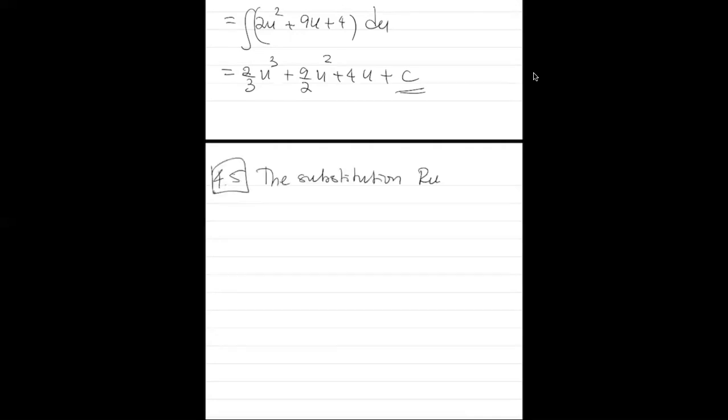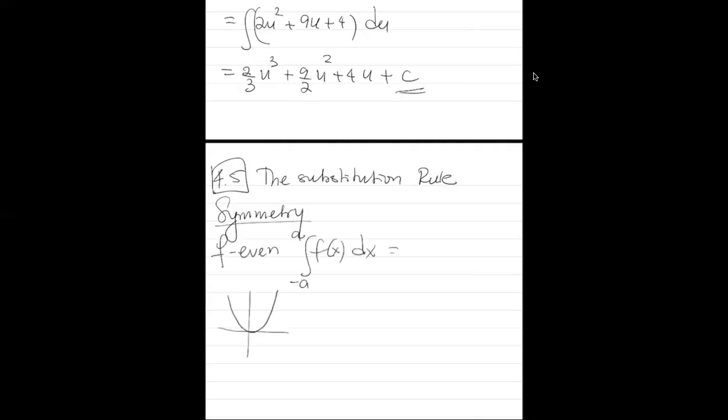Symmetry. So if f is an even function and I have an integral from negative a to a of an even function on a symmetrical interval, think about an even function, how about the parabola from negative a to a, f of x equals x squared.